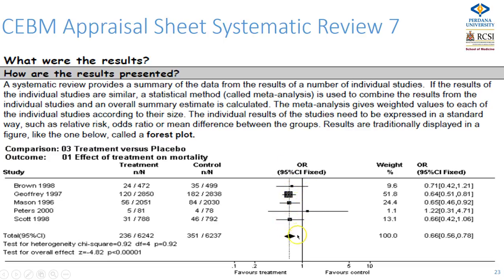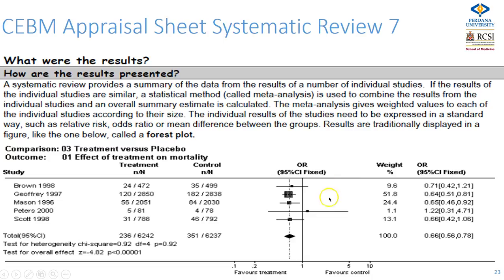And it looks from this as the overall result. This is the pooled estimate. The overall result favors treatment. The precision of this study must be so high that it dwarfs all of these and leads to this pooled estimate, which is quite definitely in favor of treatment.